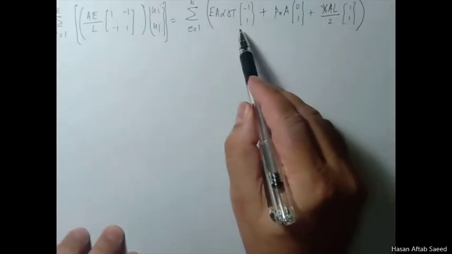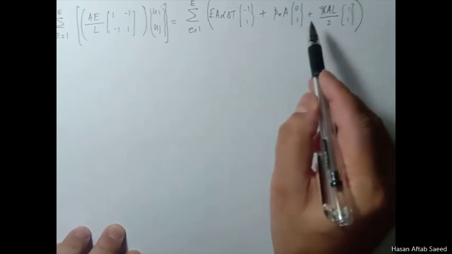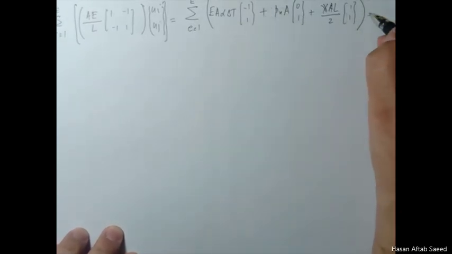So you calculate these on an individual element basis and then sum them all up, and at the end you add the concentrated load vector.